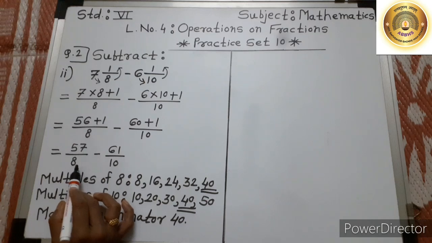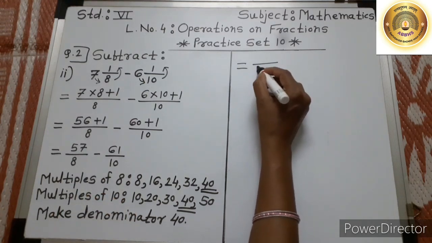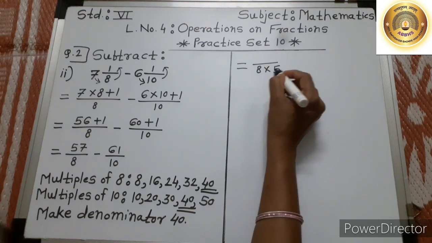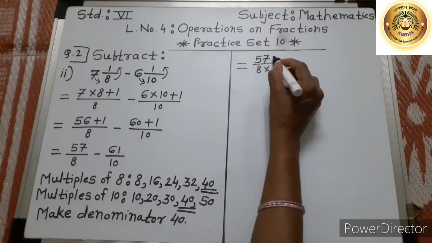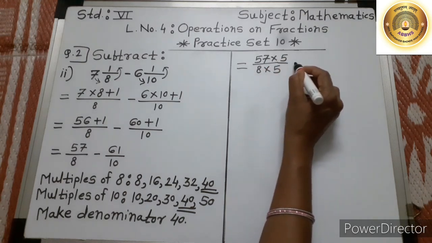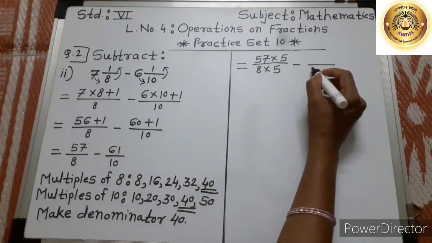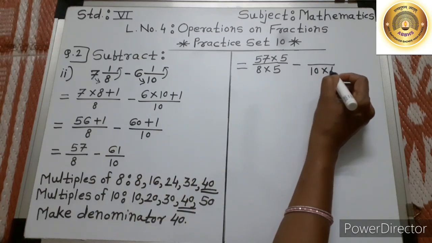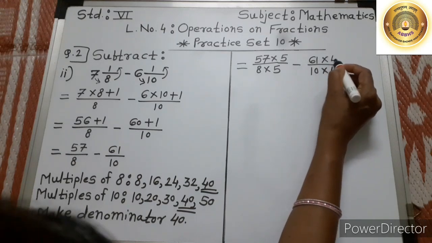Make denominator 40. Eight fives are 40. So denominator 8 multiplied by 5. The same thing is with numerator, 57 multiplied by 5 minus 10 fours are 40. So 10 multiplied by 4 and 61 multiplied by 4.